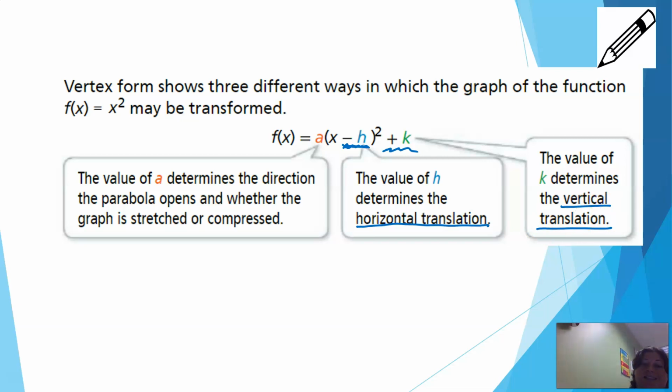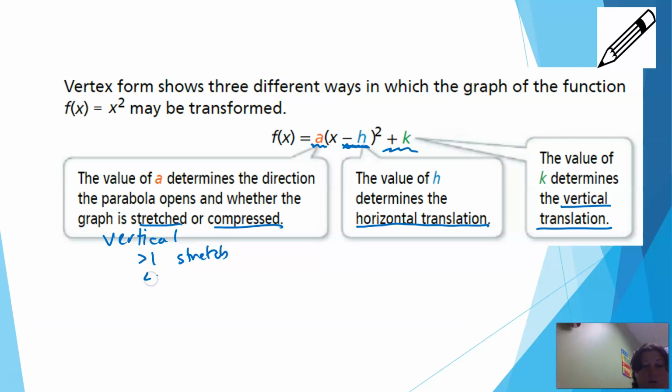And last but not least, the a in front of the parenthesis means that it's multiplication outside of the grouping symbol with x, which means that it's going to be a vertical stretch or compression. Okay, and again, it's the same as what you'd think. So if it's greater than 1, it's going to be a stretch.